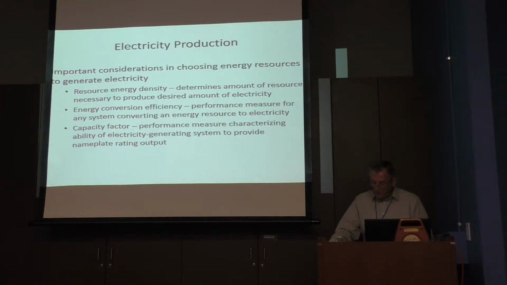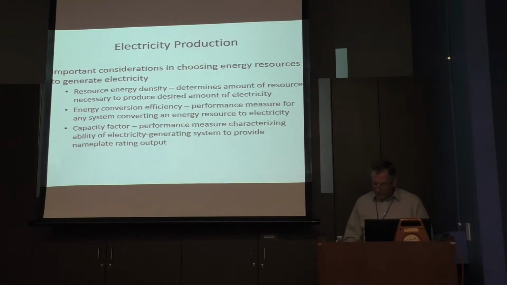Energy conversion efficiency is a performance measure for any system converting an energy resource to electricity. And capacity factor is a performance measure characterizing the ability of electricity generating systems to provide a nameplate rating output. So system energy conversion efficiency and capacity factor performance measures will be further addressed a bit later in this presentation.